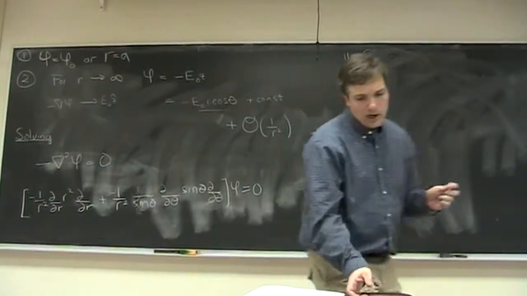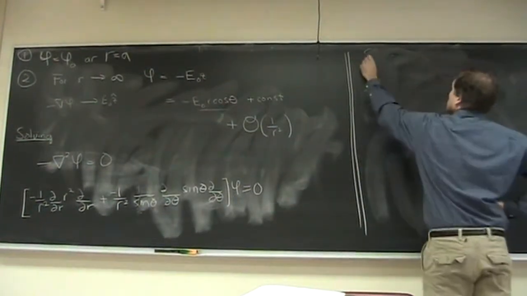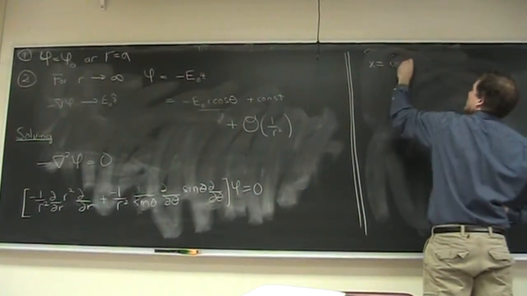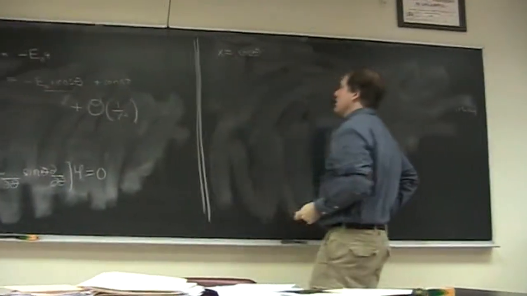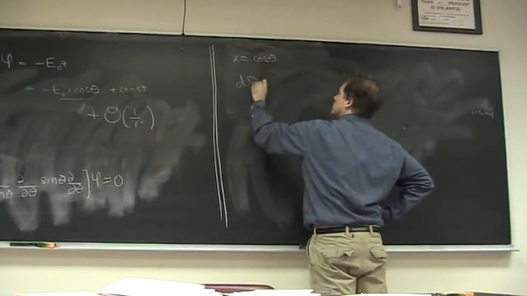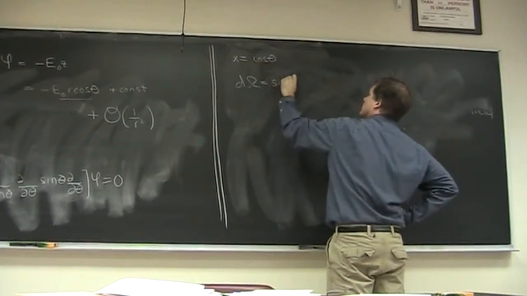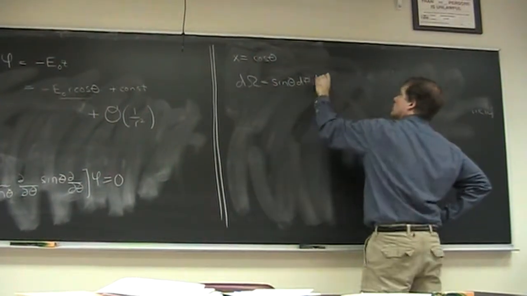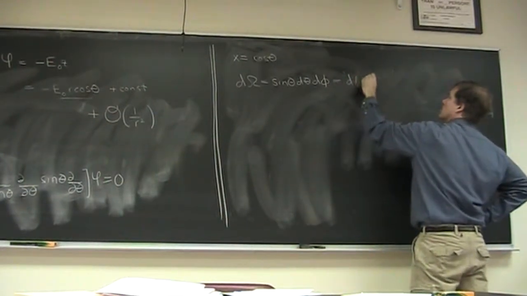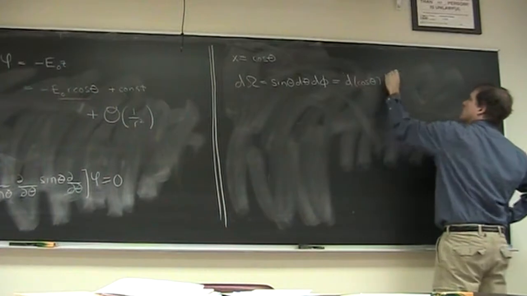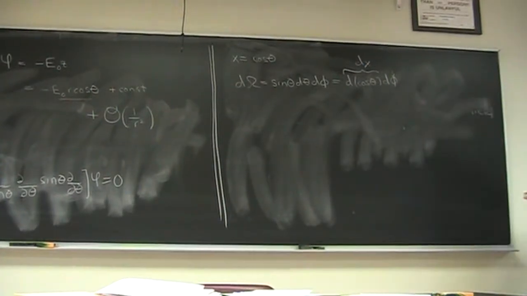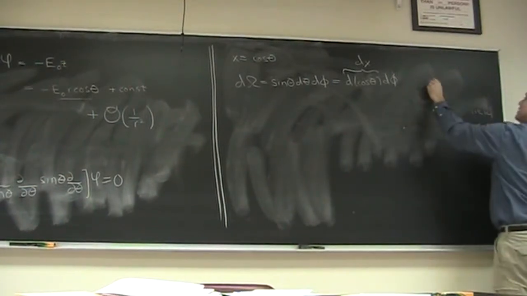We use x as cosine theta. Instead of using theta, we use x, okay? And the reason is because the measure is sine theta d theta in spherical coordinates, which is d cosine theta, d phi, or dx. Okay, and x is the canonical name for it. So we take x between -1 and 1.